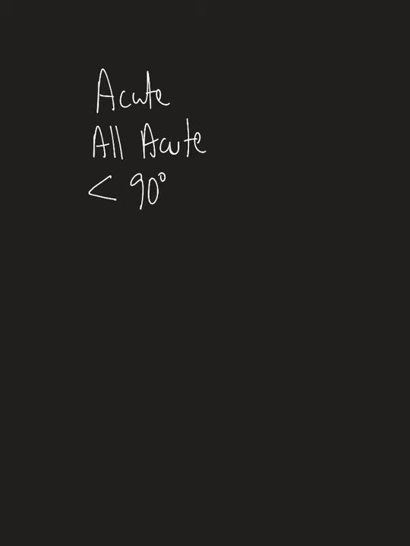So just as a quick little summary. Acute triangles have all acute angles. All the angles are going to be less than 90 degrees. And remember, when you have an acute triangle, you're going to have 3 acute angles.